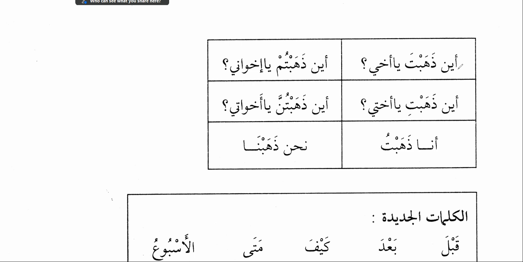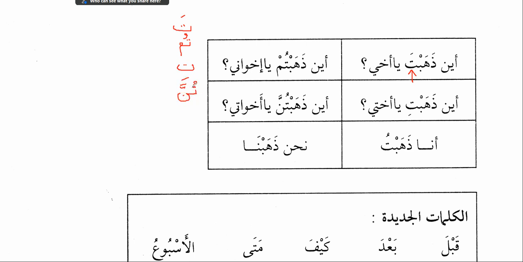So let's see. أين ذهبت يا أخي? As you can see, ذهبت singular and this ta is attached with the verb. أين ذهبتم? Ta and tum. So how many pronouns did you learn here? Ta, tum, and then ti and tunna.